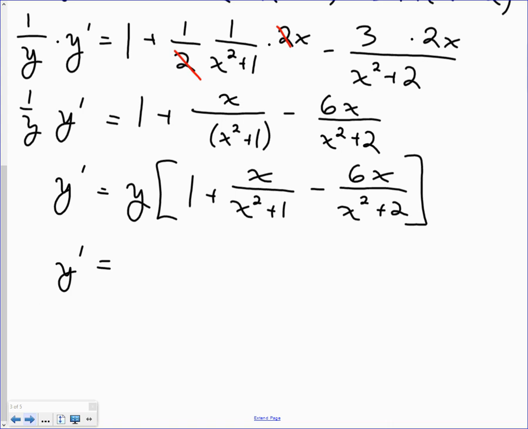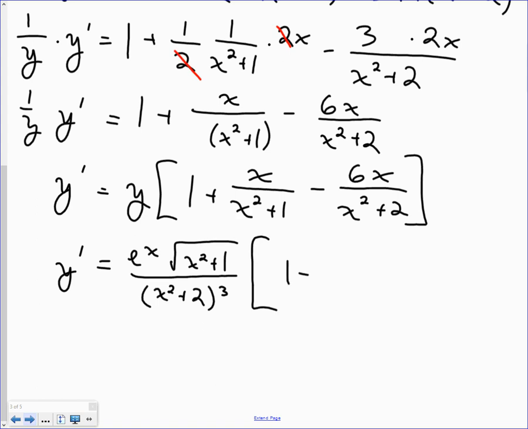So that's just our original function, e to the x root x squared plus 1 all over x squared plus 2 cubed. And all of that is going to be multiplied by 1 plus x over x squared plus 1 minus 6x over x squared plus 2. Okay. There's our final derivative expression.